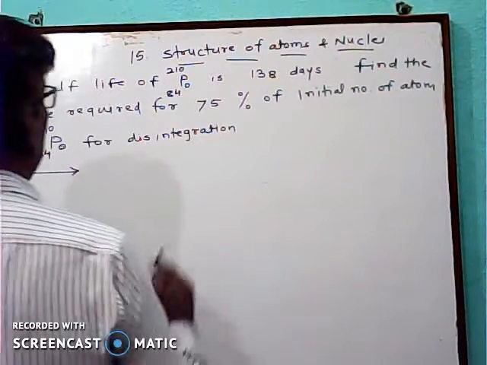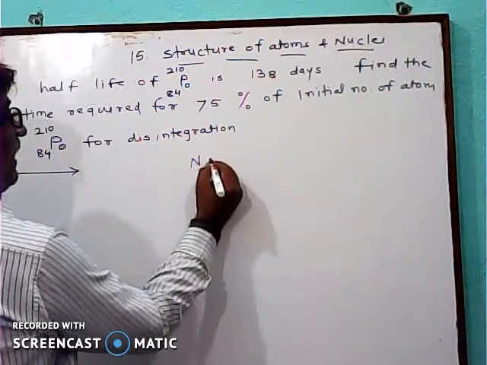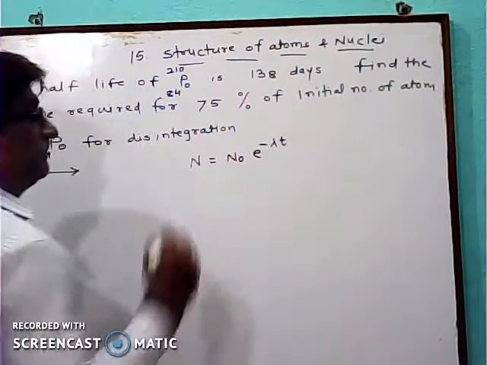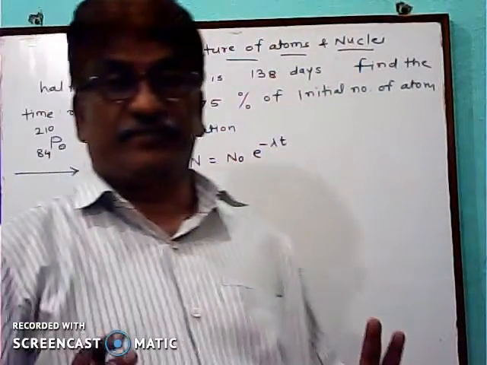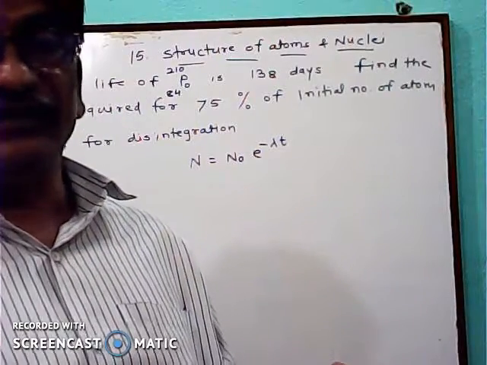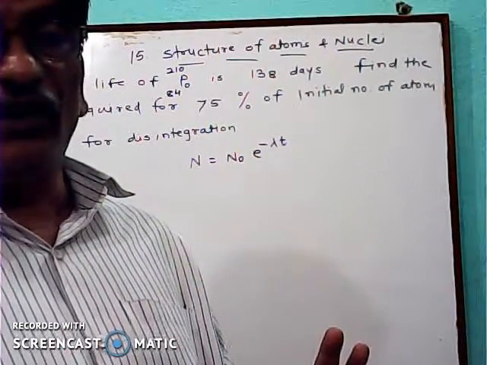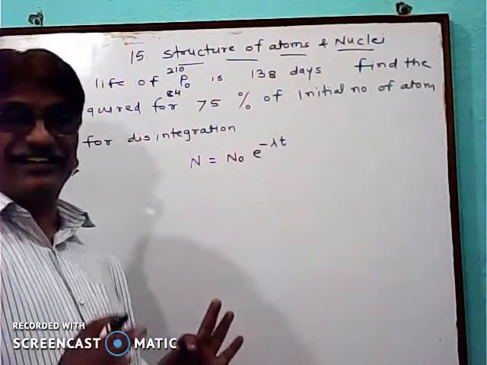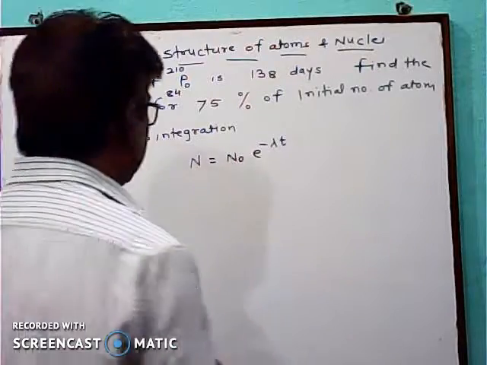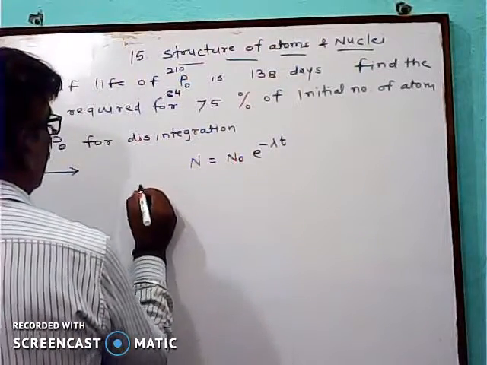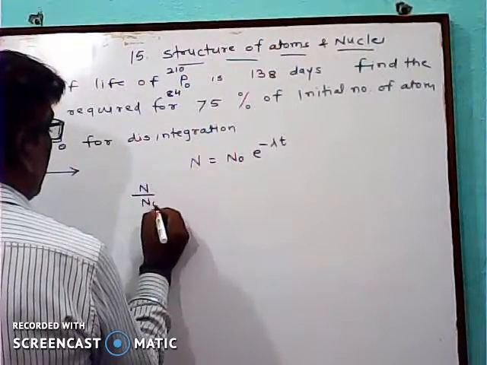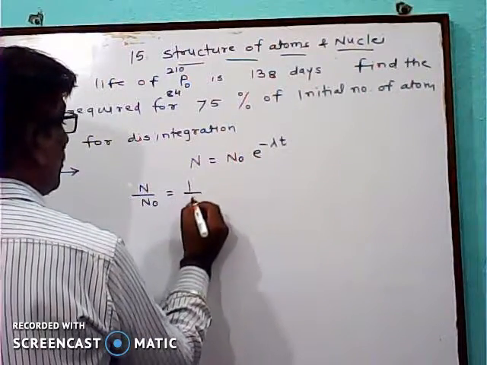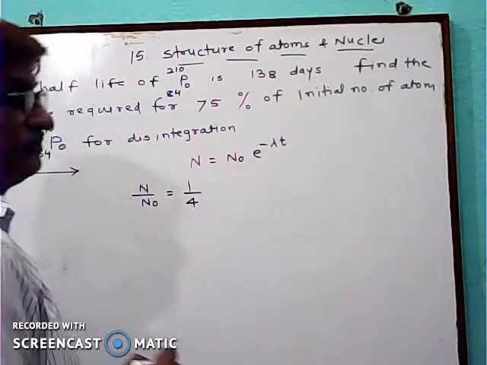We know that N is equal to N0 e raised to minus lambda t. This equation is the law of radioactive disintegration. So here N upon N0 is given as 1 upon 4.